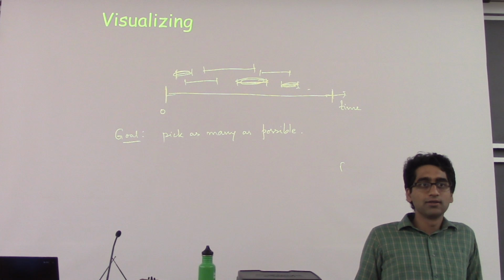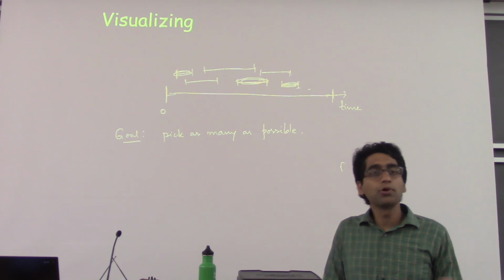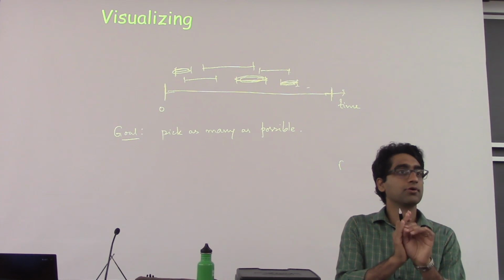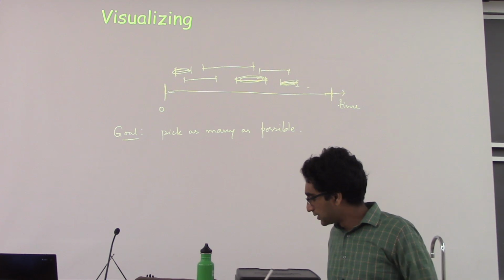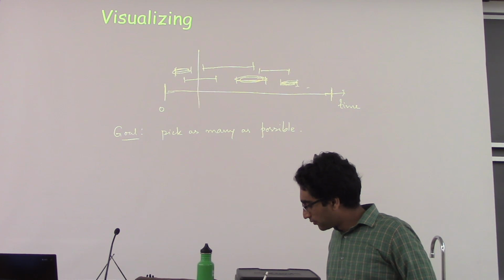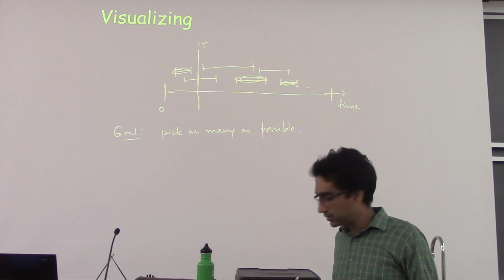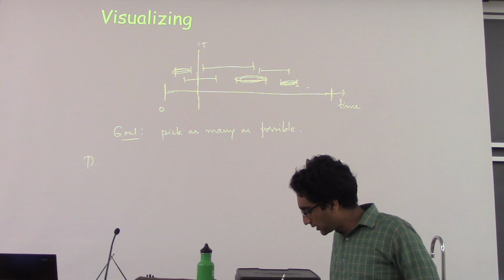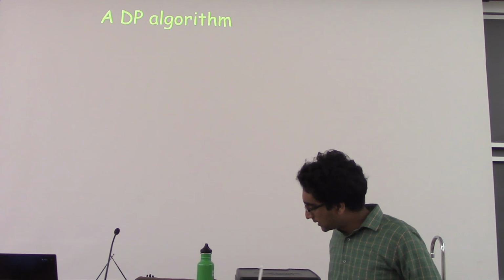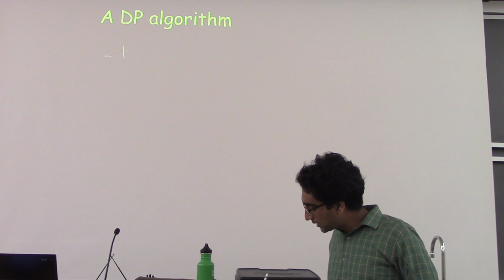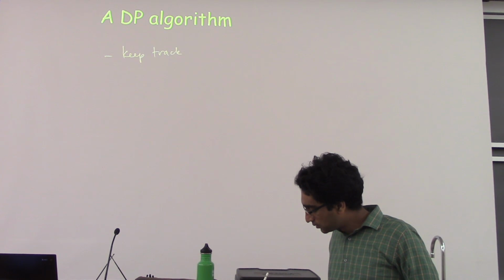What he's saying is, I want to do dynamic programming, and I want to keep track of the starting time. Let's say I know how to solve this problem as long as the starting time is bigger than or equal to some t. So the dynamic programming approach is to keep track of the optimum solution with start time bigger than or equal to t.